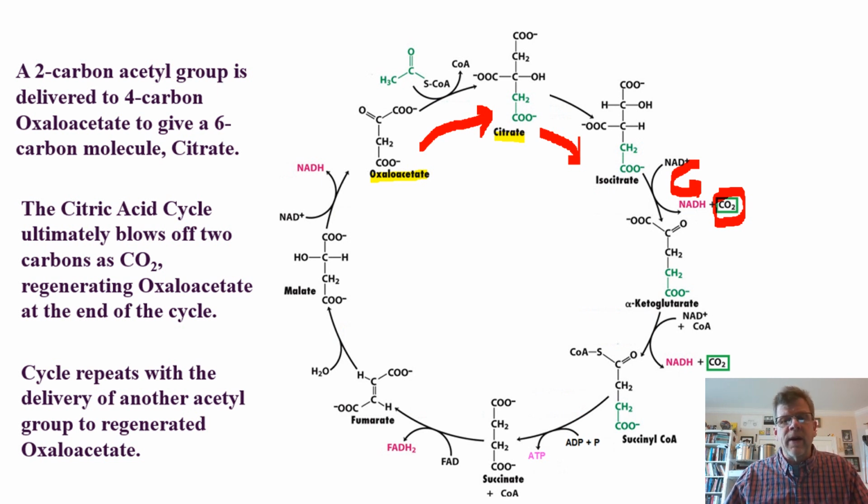So if we lose 1 carbon from 6-carbon isocitrate, we end up with a 5-carbon molecule, and that is called alpha-ketoglutarate. We can indeed count 5 carbons on this molecule. So we've lost 1 carbon as carbon dioxide to form alpha-ketoglutarate. The next step, again, we lose 1 molecule of CO2.